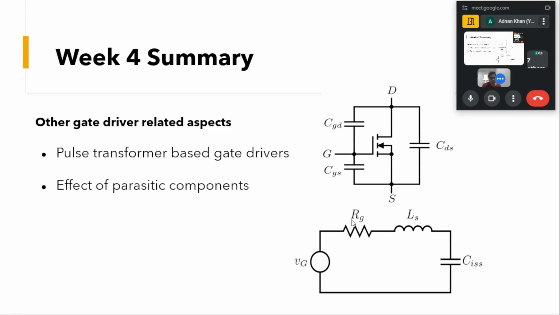And then we have some RG gate resistance, and then some VG voltage. After that, this circuit will be an RLC circuit, and whenever we apply the voltage, there will be some ringing and spikes. If that ringing and spike goes beyond the limit, it may cause damage to our devices.